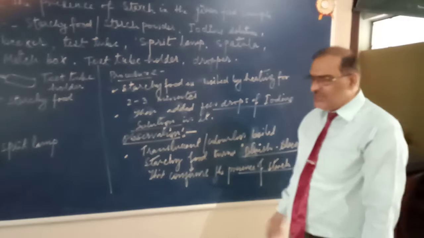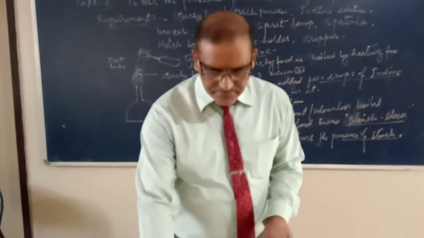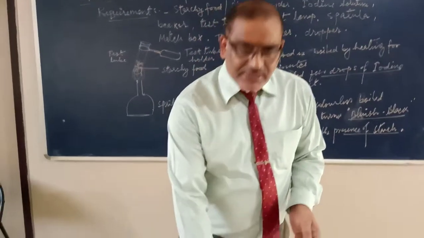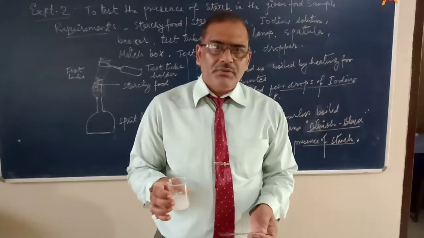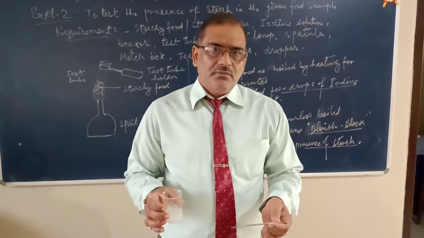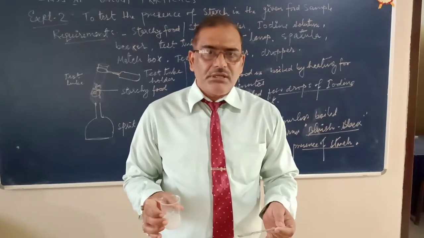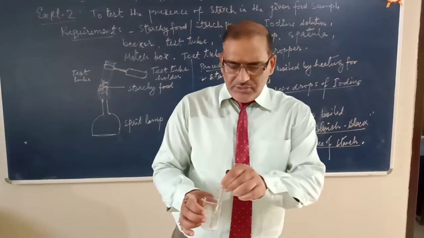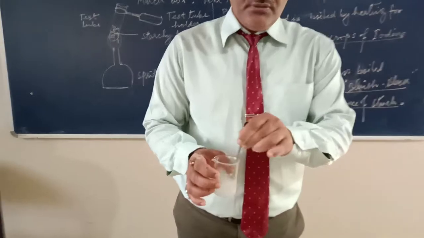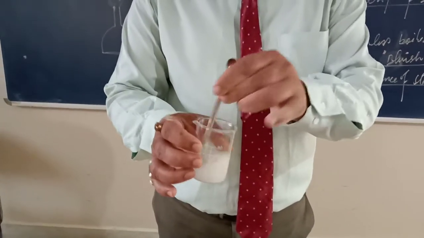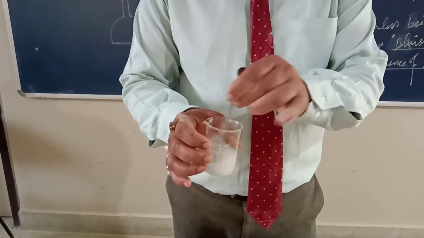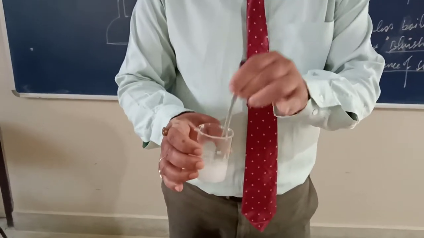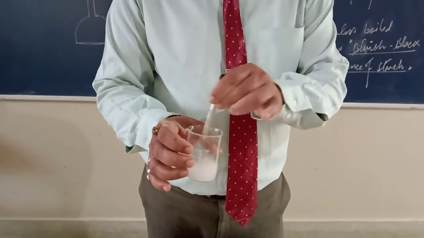Now let me come to the practical part. Now students, let me demonstrate the test for the presence of starch in the given food stuff. I have taken the starch powder, because food material like potato and sweet potato is not available right now.